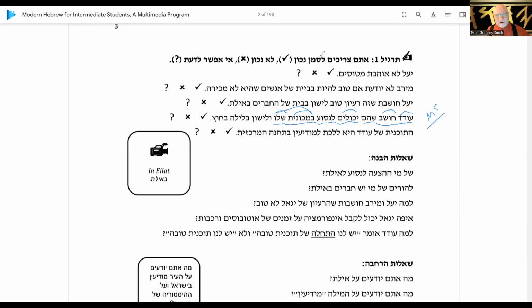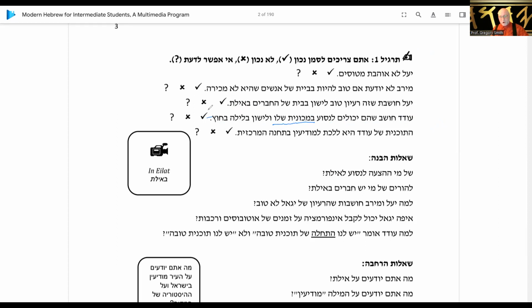But it doesn't necessarily stipulate that up above, does it? It doesn't say it's in his car. He just says, get a car. So that's the first thing. Velishon balayla bachutz, and sleep at night outside in the wilderness. Because of the absence of information about shelo, I'm thinking this is mostly a correct idea.